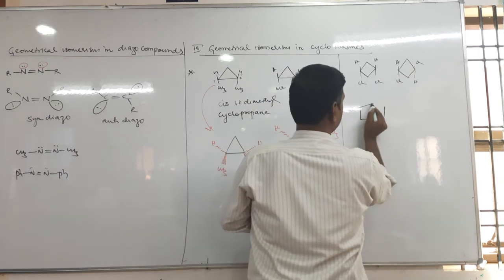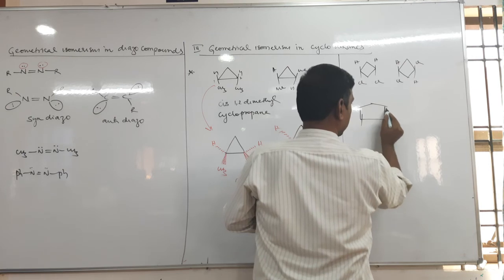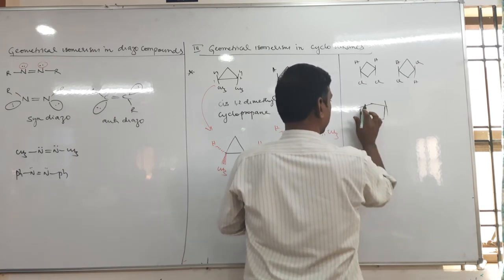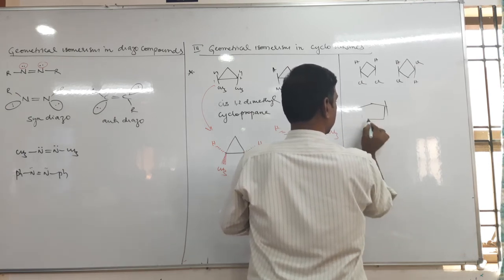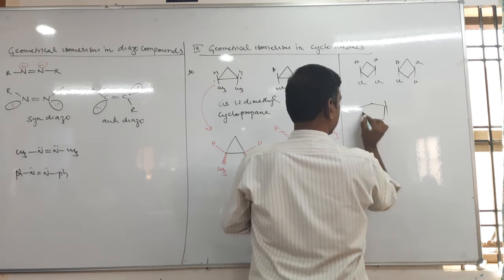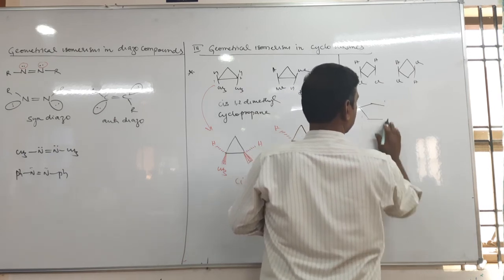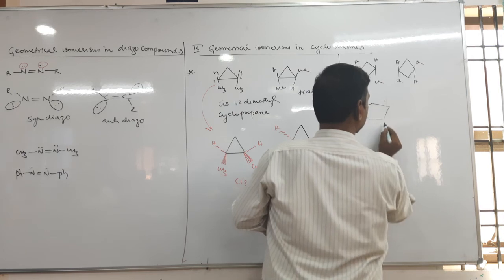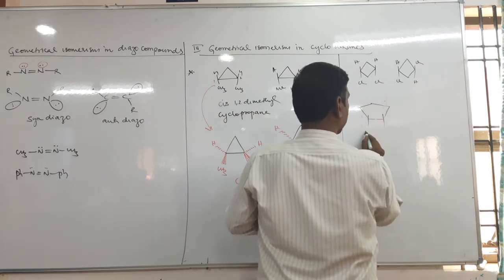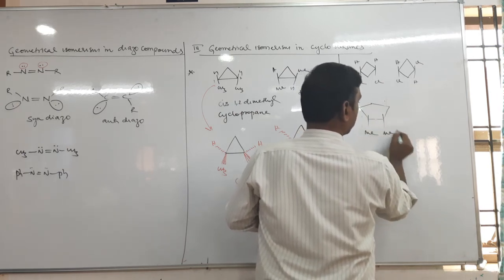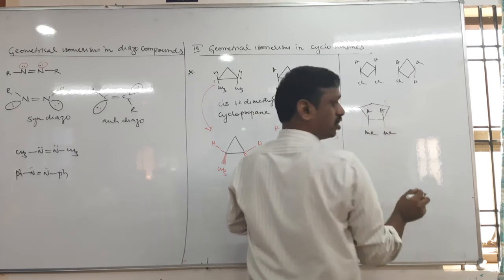Cyclopentane: take 1,3, methyl, H. You just write cis and trans.